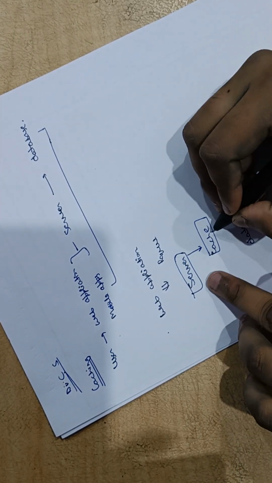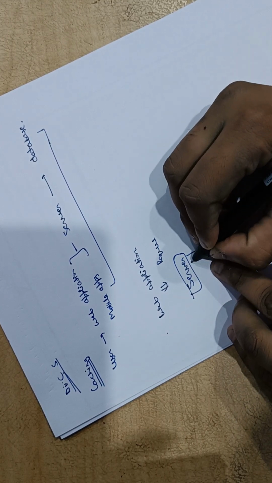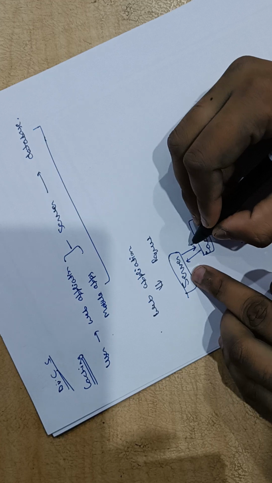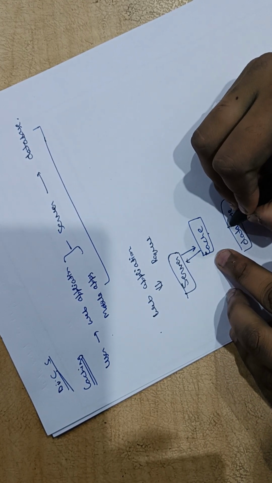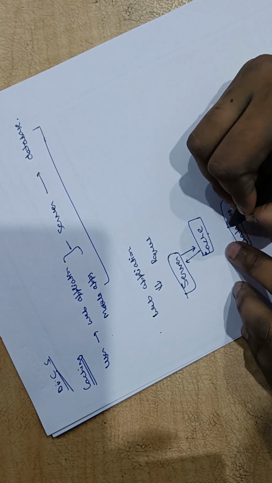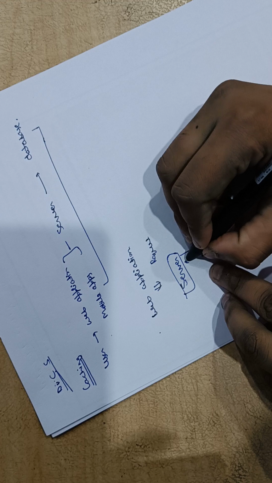If the data is present in the cache, then it returns the data from the cache. Otherwise the cache memory fetches the data from the database, stores it in the cache memory, and then returns it to the server.